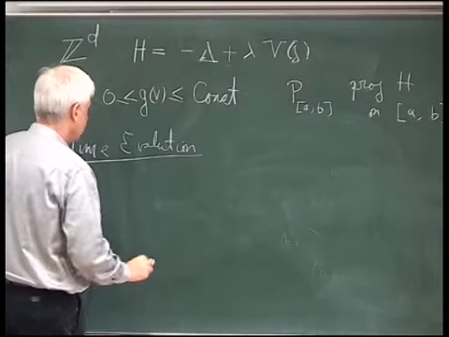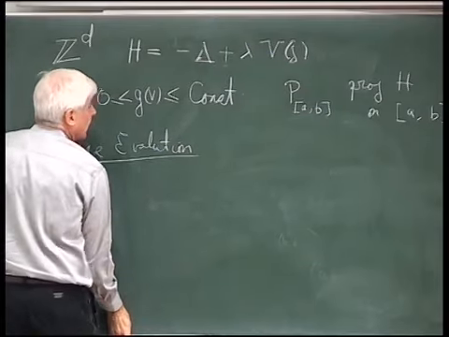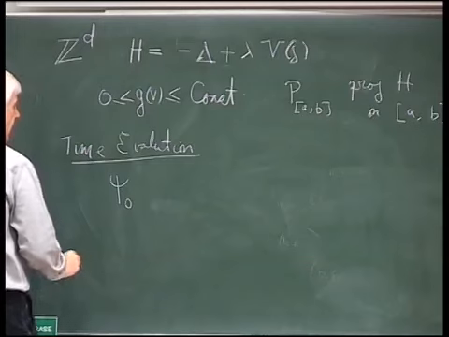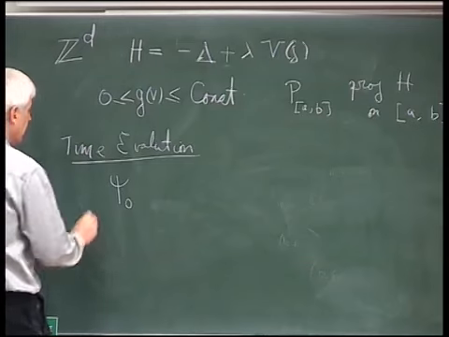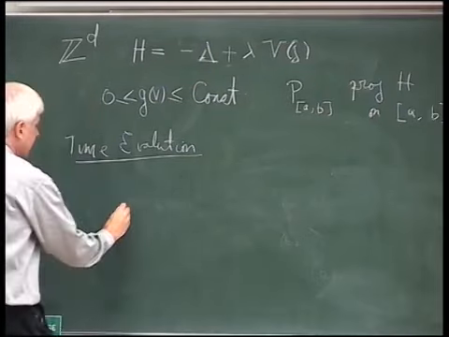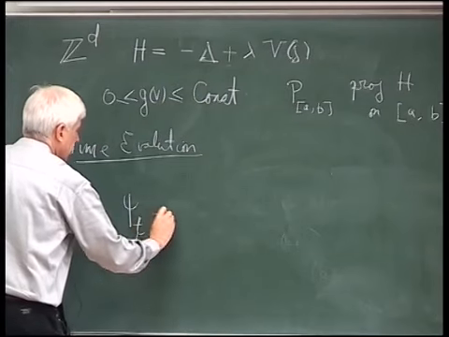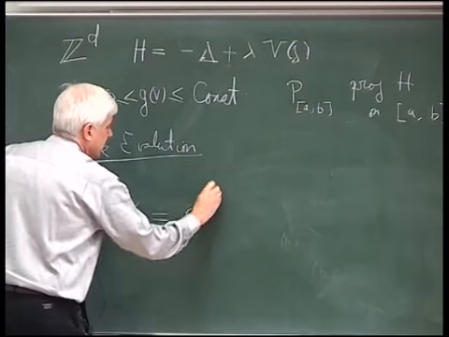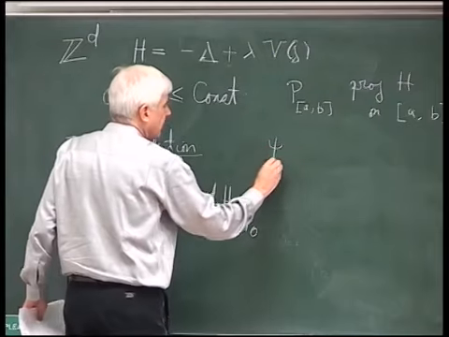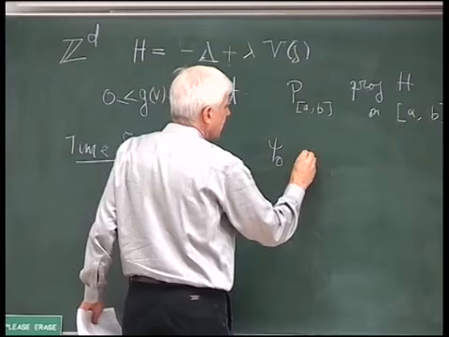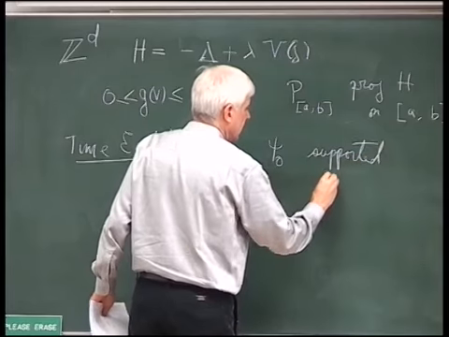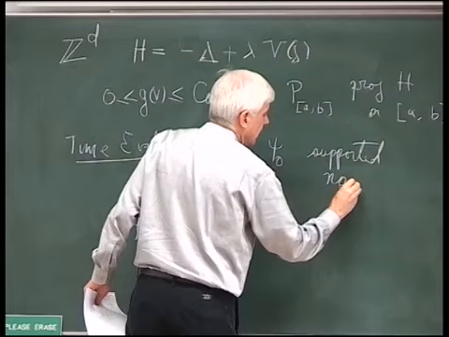Remember, I take an initial condition psi 0, and let me write it like this. If I let psi of t equal e to the minus i t H psi 0, I'll assume that psi 0 is supported near 0.